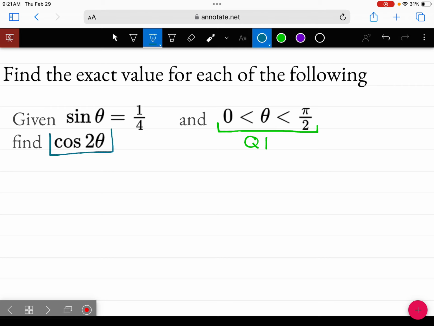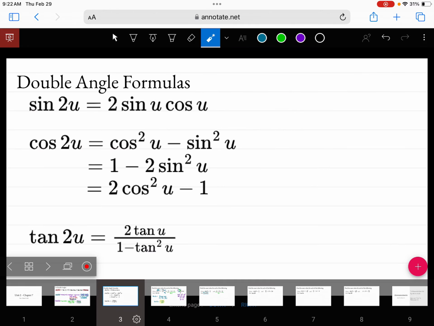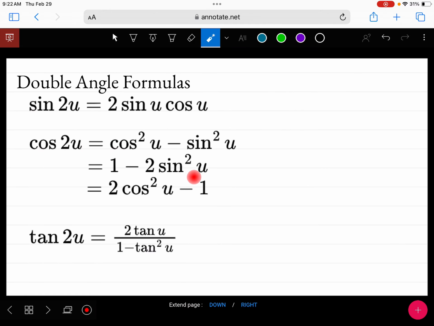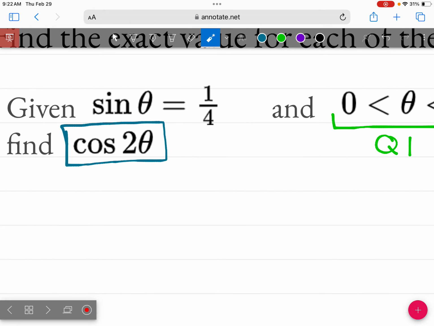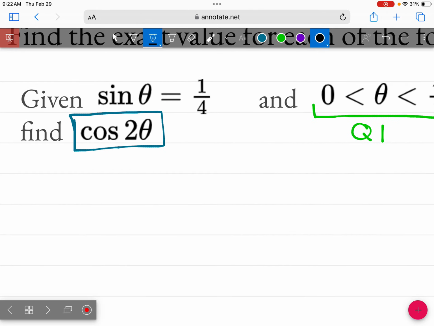We're asked to find cosine of 2 theta, and we're given sine. If we look at our formulas, if I know sine, do I need to figure out any other information? No. We can just use that one to figure out cosine of 2 theta without having to draw a triangle or figuring out any other pieces of the triangle.